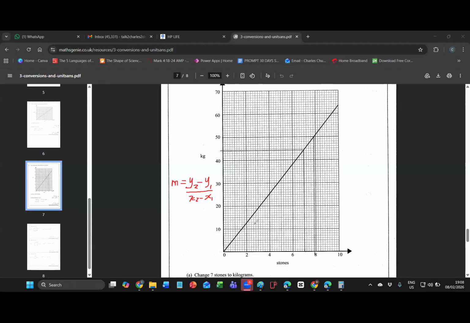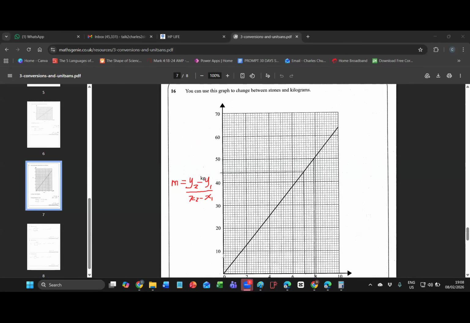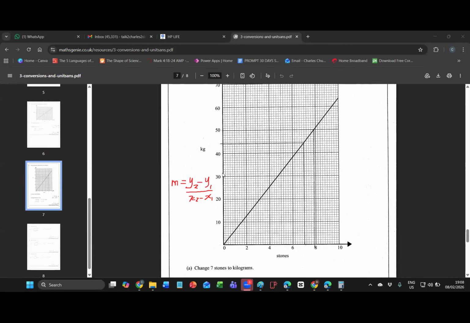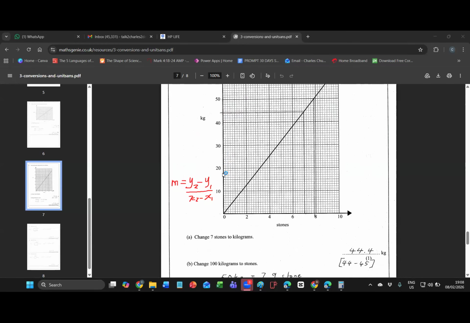So let's see what they have here up their sleeves. They're asking us to change 100 kilograms to stones. So 100 is obviously not on the kilograms axis. Let's see how we'll find that out.